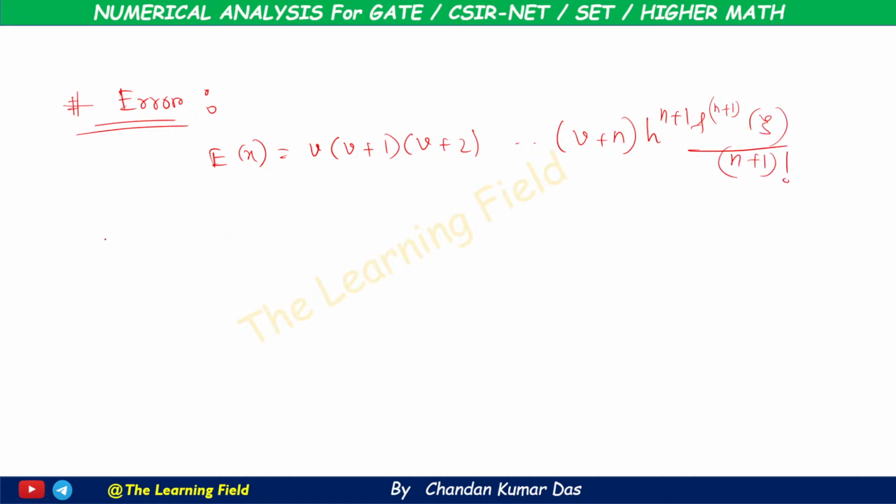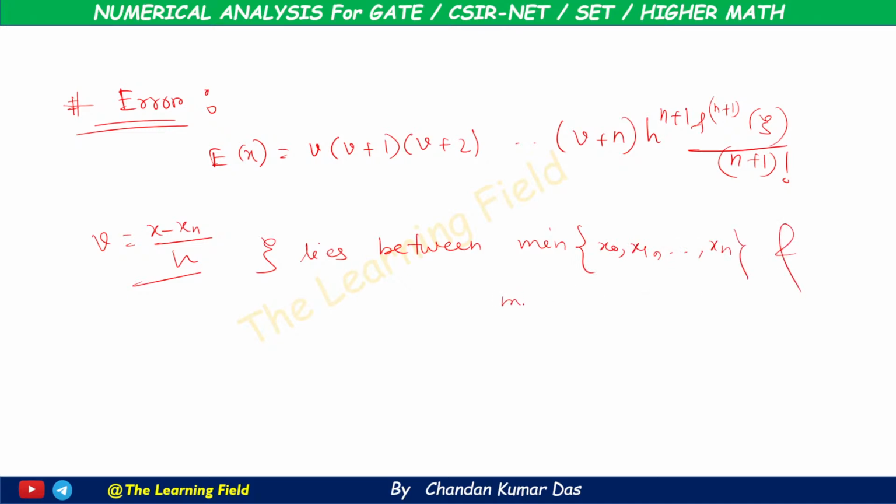Where v equals x minus xn by h, as you all know, and xi lies between the minimum of x0, x1 to xn and the maximum of x0, x1 to xn. So this is the error term of Newton backward interpolation.